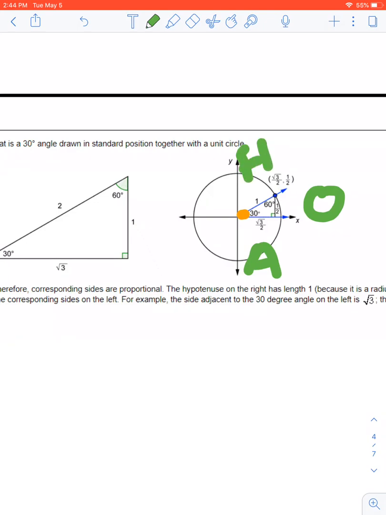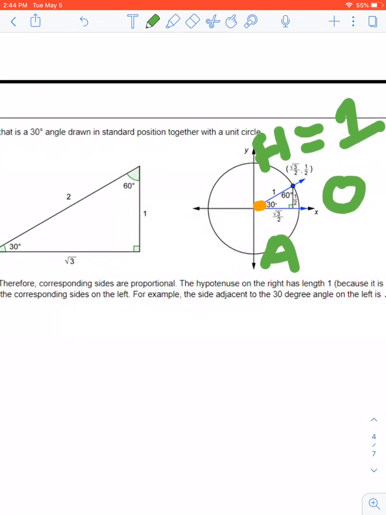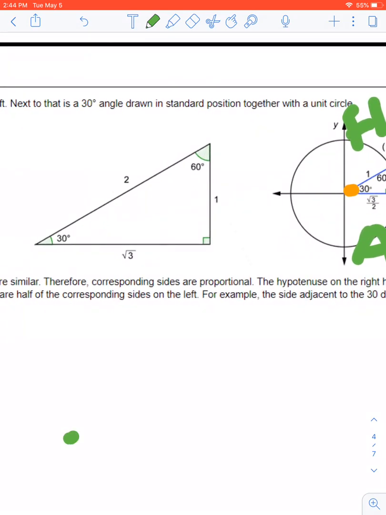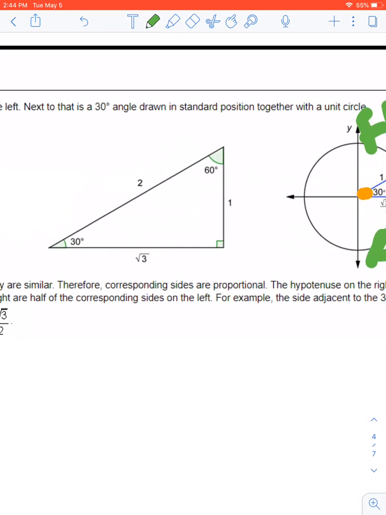Well, the hypotenuse on the unit circle always equals 1. So if I look over here to my 30, 60, 90 triangle, if this equals 1, I did 2 divided by 2 to get 1. Okay?